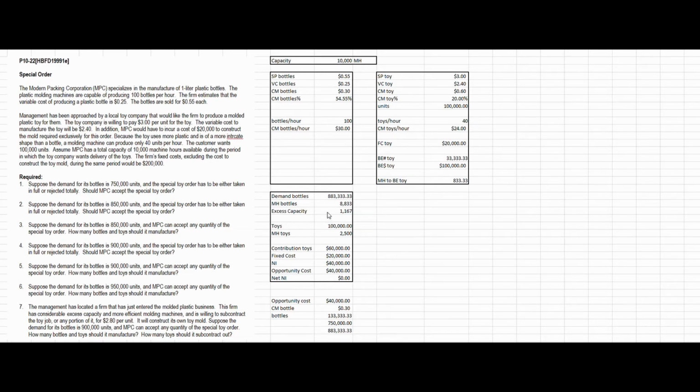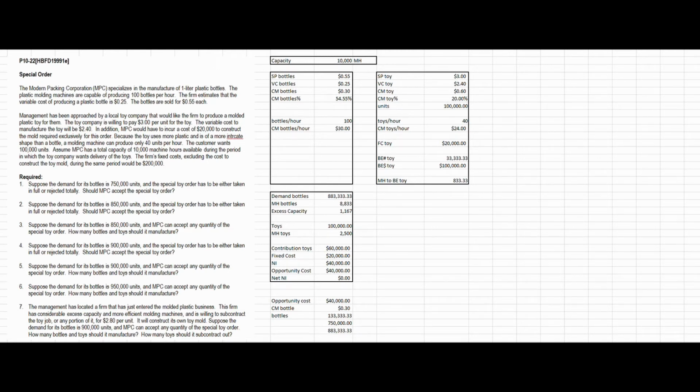That will leave us with an excess of 1,167 hours available to make toys. To achieve the 2,500 hours that we're going to need, we're going to have to take away the difference between the two of these from the manufacture of bottles, and then that amount times the contribution margin per hour of $30 will give us an opportunity cost of $40,000.